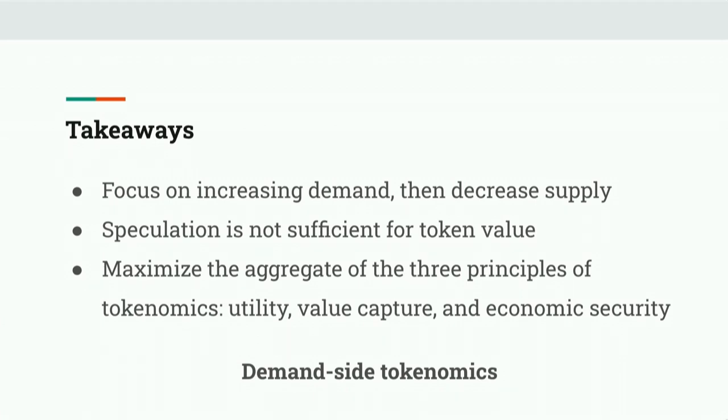You have to have some real reason for users to buy your token. And that's going to give you sustained demand over time. So that's going to bring the price of your token up, and it's going to keep it afloat in bear markets. It's going to keep you funded. I mean, there are all these second order effects of focusing on demand first. And so that's what I want to relay to you today.